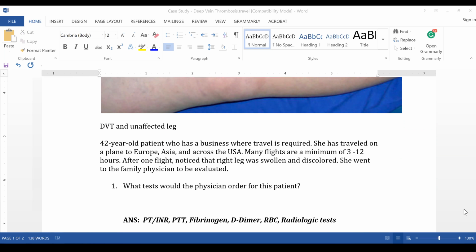So what is a D-dimer and what does it measure? The amount of red blood cells per amount of blood? Presence of clots, which one?